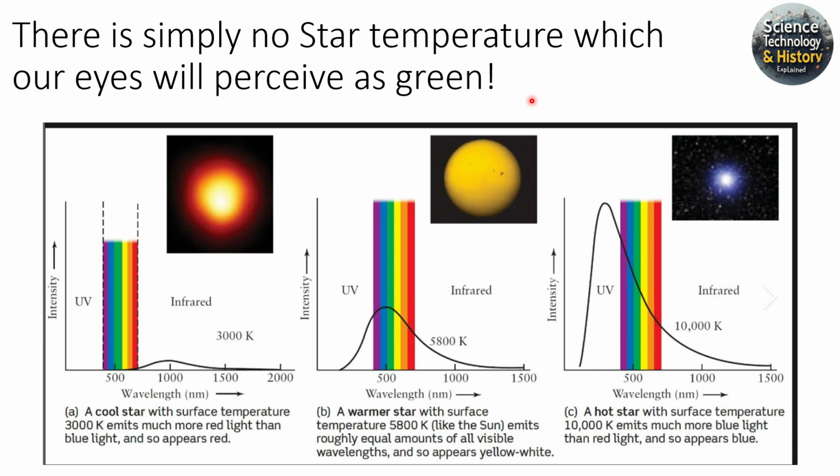So this is the explanation that our eyes, even if you have the highest emission in green, it will never be interpreted as green. And if you want to think philosophically and evolutionary about it, how funny is it that our eyes are tuned to where our sun has the maximum in the visible, what our eyes can perceive is where our star is emitting most of its energy and light.